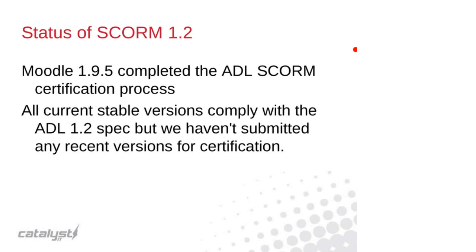So we have an internal testing process that we can run on our own to make sure that the code complies, but we can also give ADL Moodle and some information that allows them to give us a certification. And the only Moodle version that has gone through that process is Moodle 1.9.5.